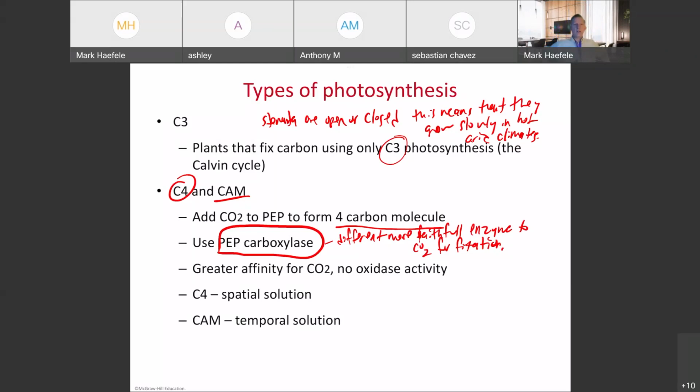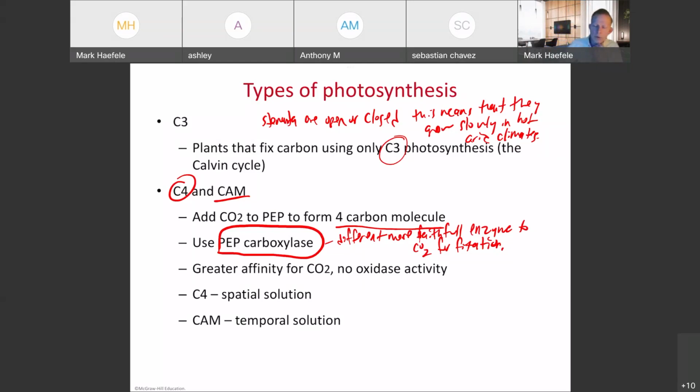She could take him into a room full of all these women, and he's like, no, don't even register with me, because I only have eyes for that one woman, the one I'm married to. So PEP carboxylase is a very faithful enzyme to CO2. It does not care at all about oxygen, only is looking for CO2.